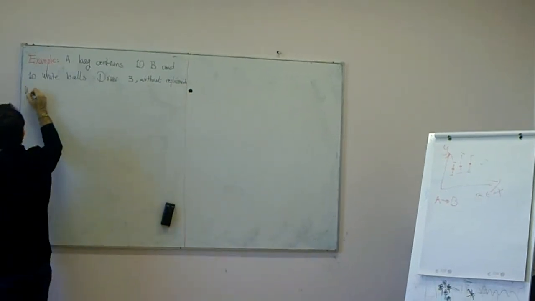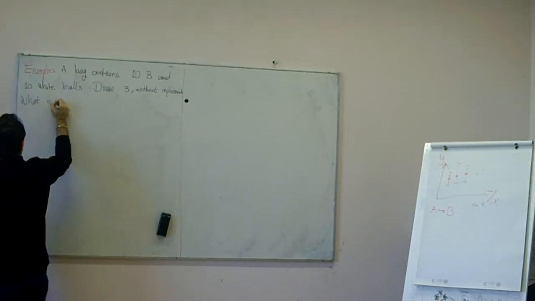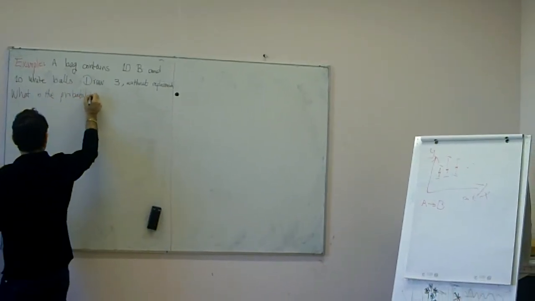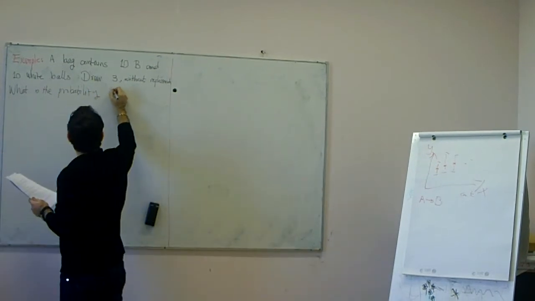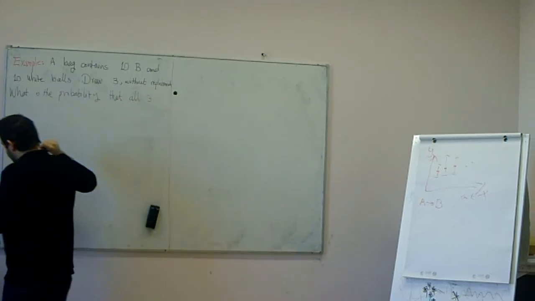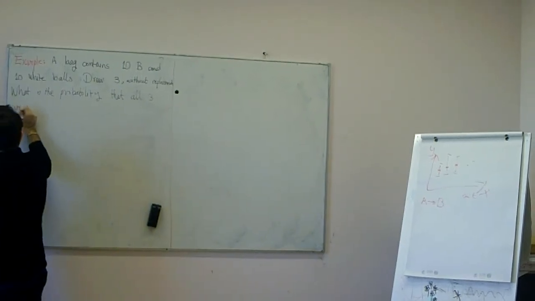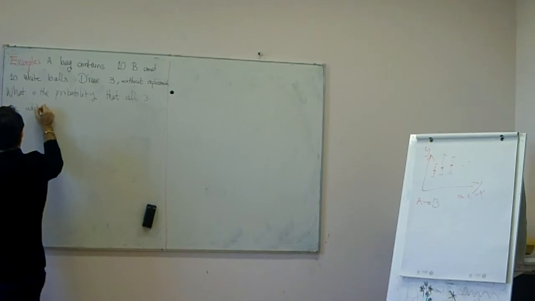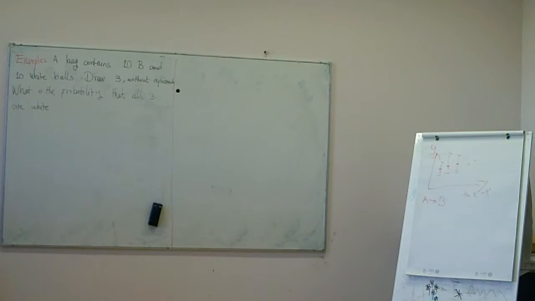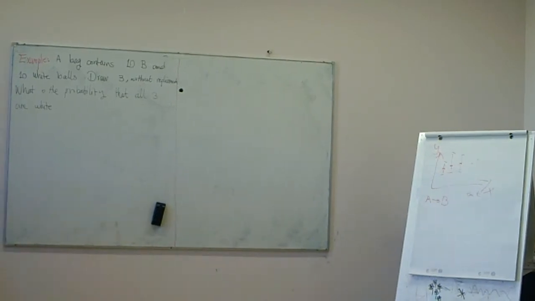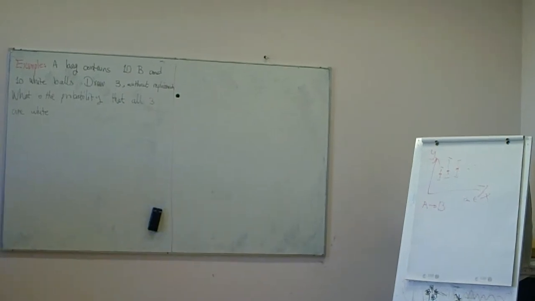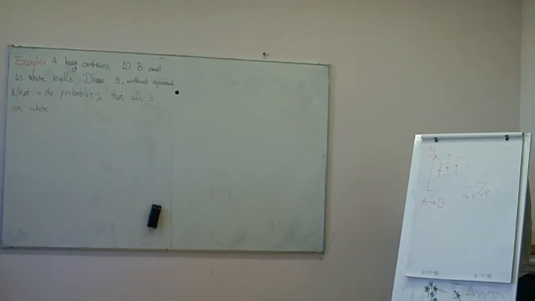What is the probability that all 3 are white? What is the probability that all 3 are white?